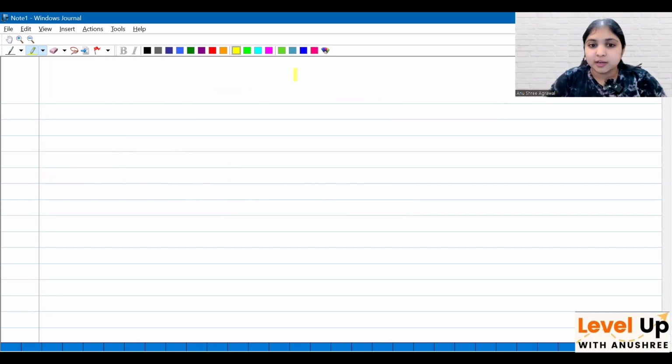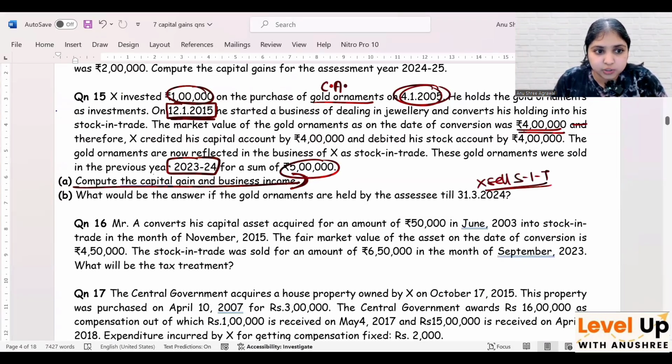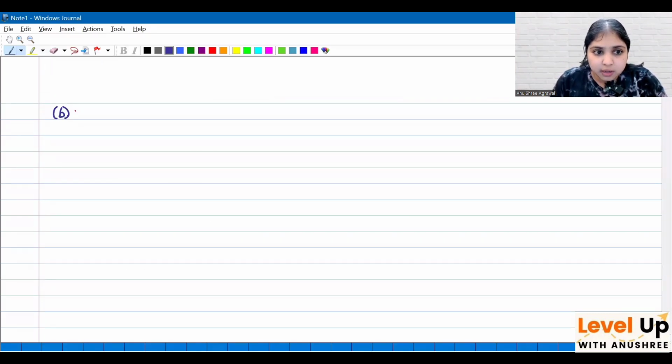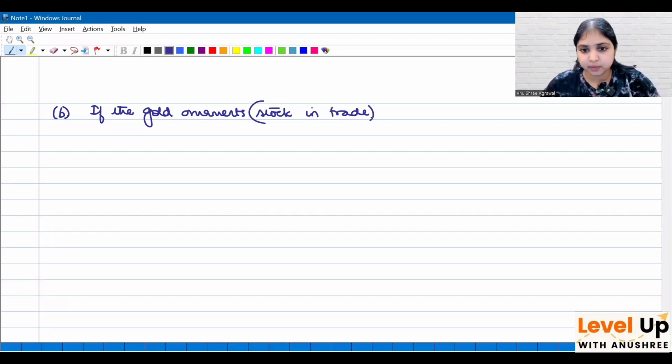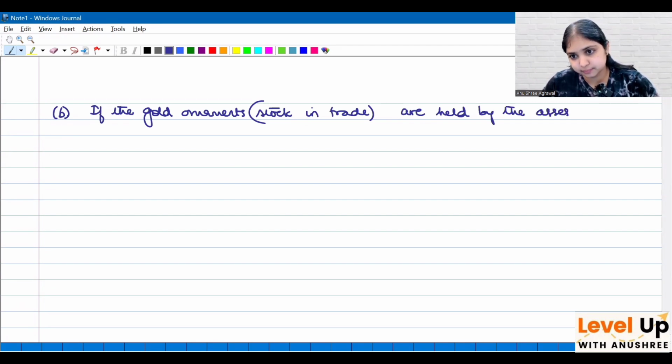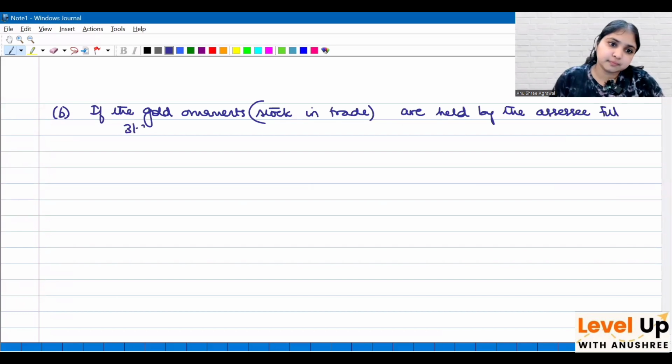Okay, so come on, write down the last part of the answer to subdivision B. Write down, if the gold ornaments, in brackets write down stock in trade, are held by the assessee till 31st March 24.